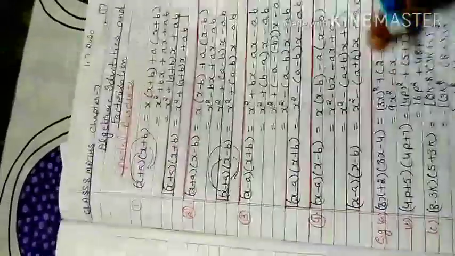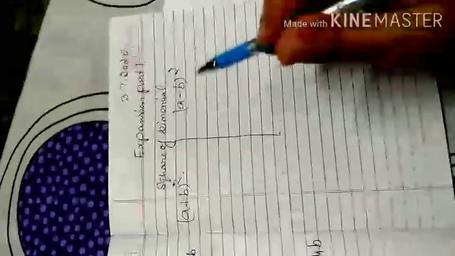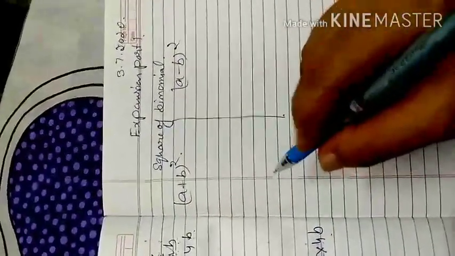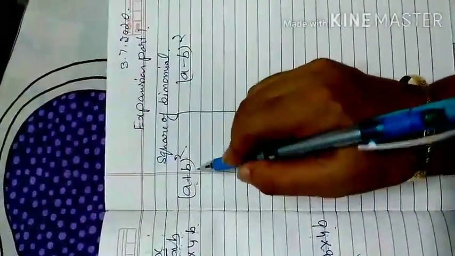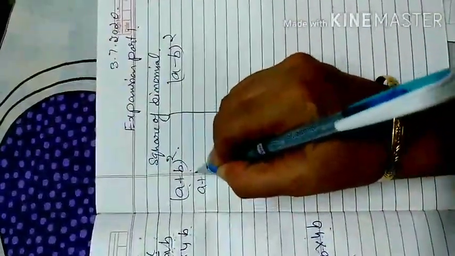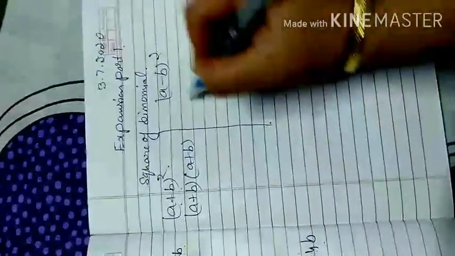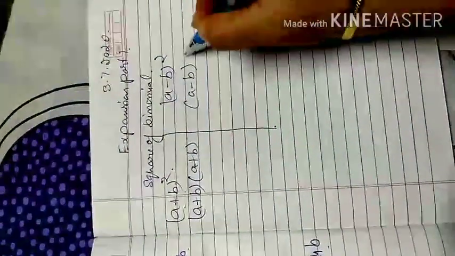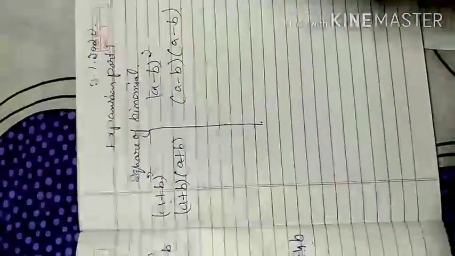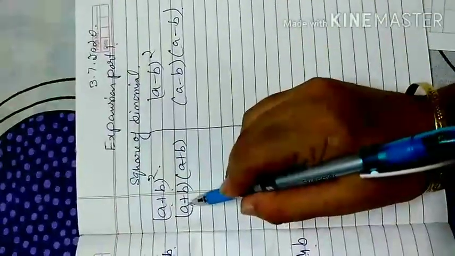So further we have two identities here: one is (a + b) whole square and one is (a - b) whole square. When I open this, (a + b) whole square means I am going to multiply this algebraic expression two times, like (a + b) and (a + b). When you multiply, you keep the first bracket outside.